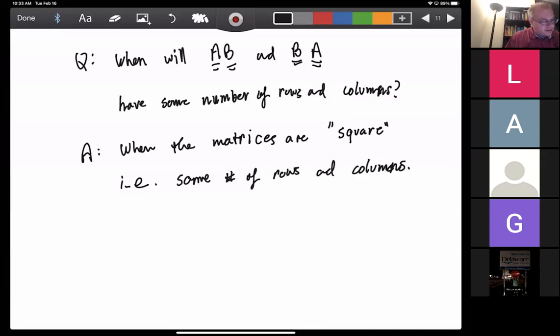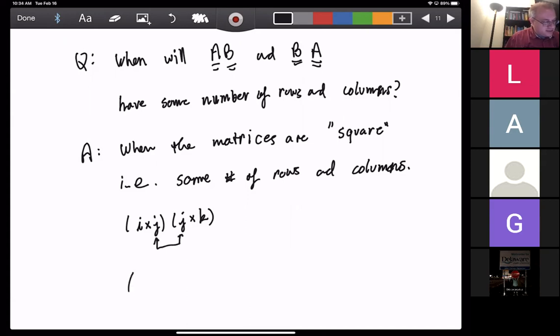Okay, so if you think about it, we have i times j for a matrix of dimensions i by j to be multiplied with a second matrix. The first index has to be j. These have to match.